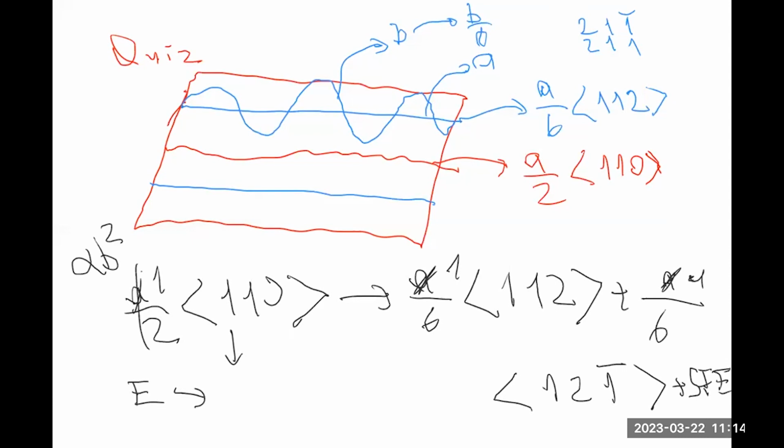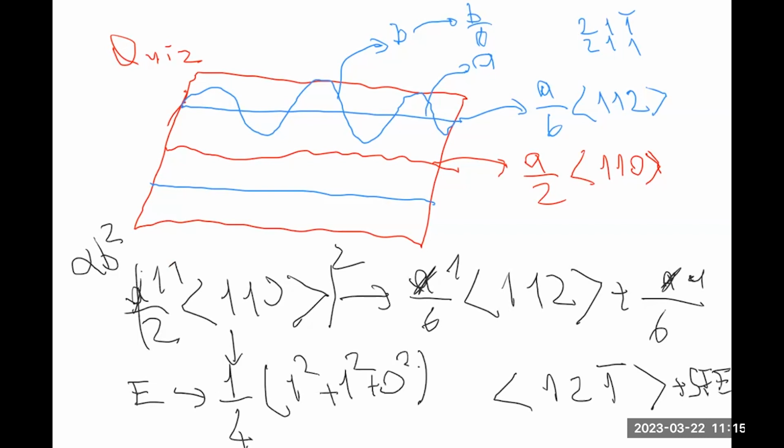So I take the square of this b. So this is 1/4 times 1 squared plus 1 squared plus 0 squared, which is equal to 1 plus 1, 2, 2 over 4, which is 1/2. So the left-hand side energy is 1/2.